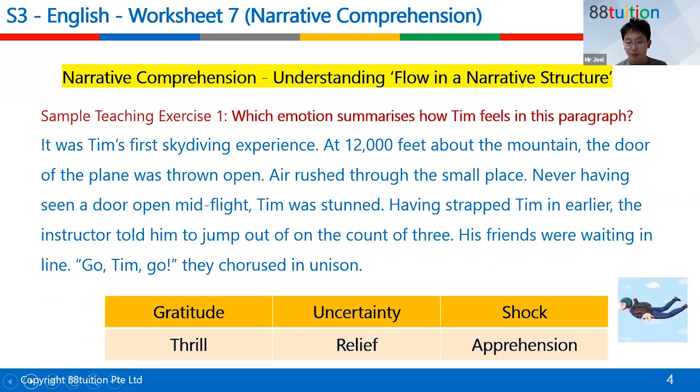So for example, this one over here, right? You can't really tell just by looking at the words itself what the main emotion is, but you can kind of feel it. So for this one, what do you think the main emotion of this paragraph is, just by reading this?